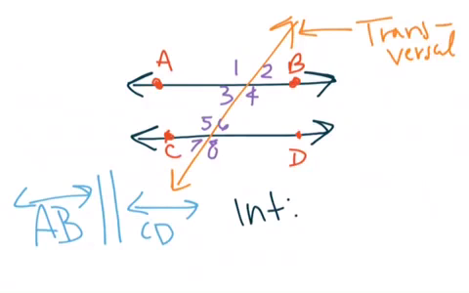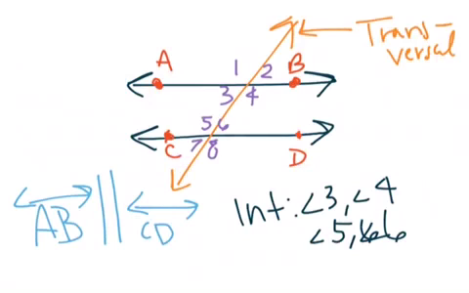Interior angles would be angle 3, angle 4, angle 5, and angle 6. All of these four angles are inside the two parallel lines. Think of it like a sandwich. It's on the inside of the sandwich.